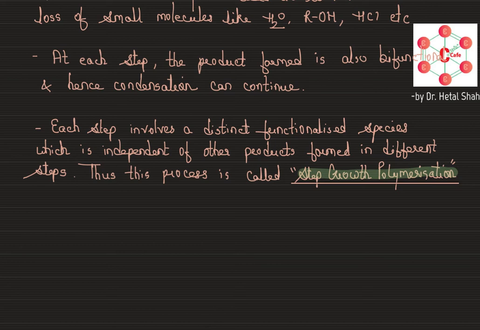And so this process is called step growth polymerization, because the polymerization reaction occurs in steps, and each step has a product involved, not a reactive intermediate. And thus, this is step growth polymerization.